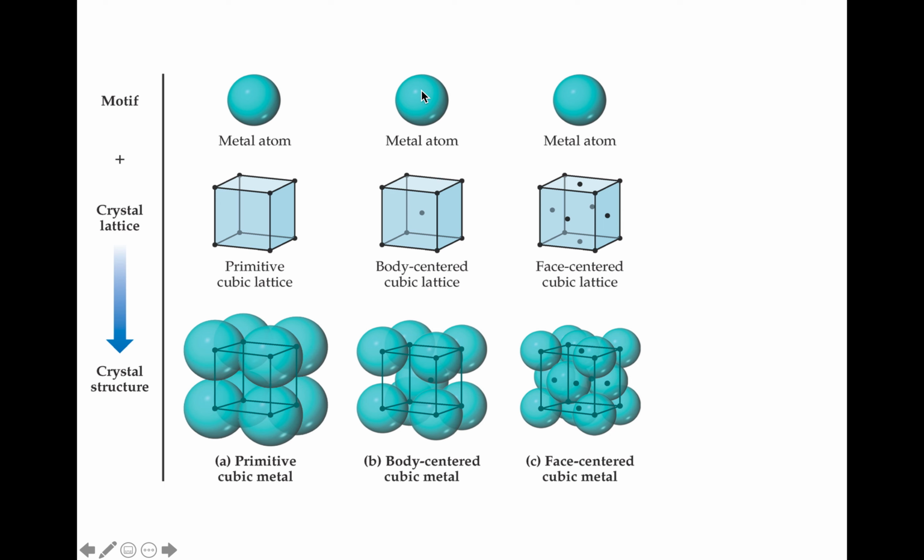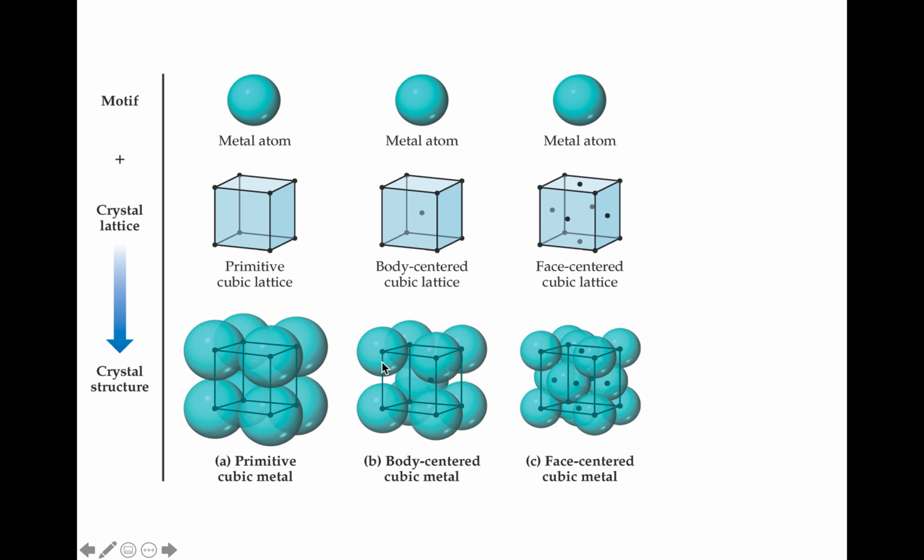Or you could take the metal atom and have it be body centered, with all of the different corners and one in the center, or make it face centered. These are examples of putting the motif as a single atom at all of the different lattice points to give rise to the crystal structure.